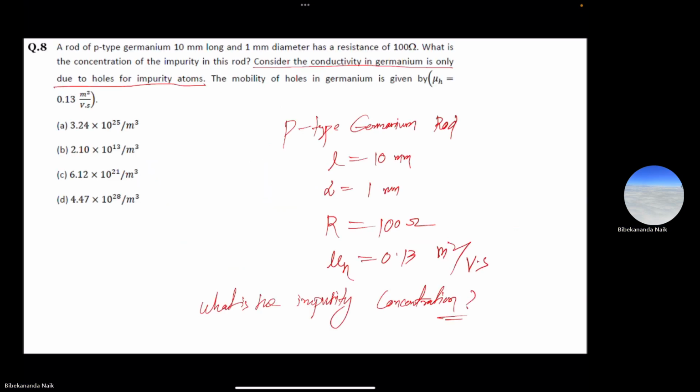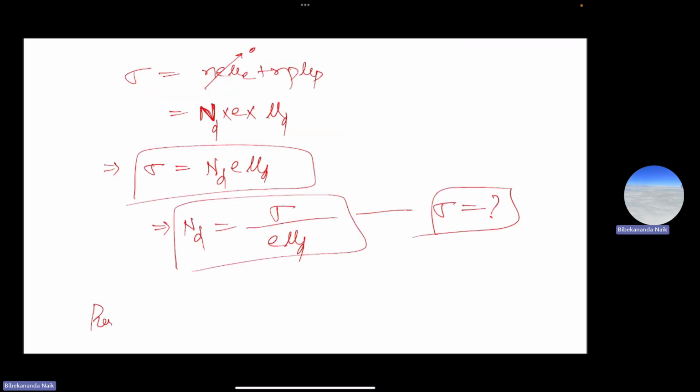From all this information, we can calculate the resistivity, because we know the resistivity rho equals R A by L, where A is the area of cross section, L is the length, and R is the resistance. And then the conductivity will be 1 by rho, that is L by RA.